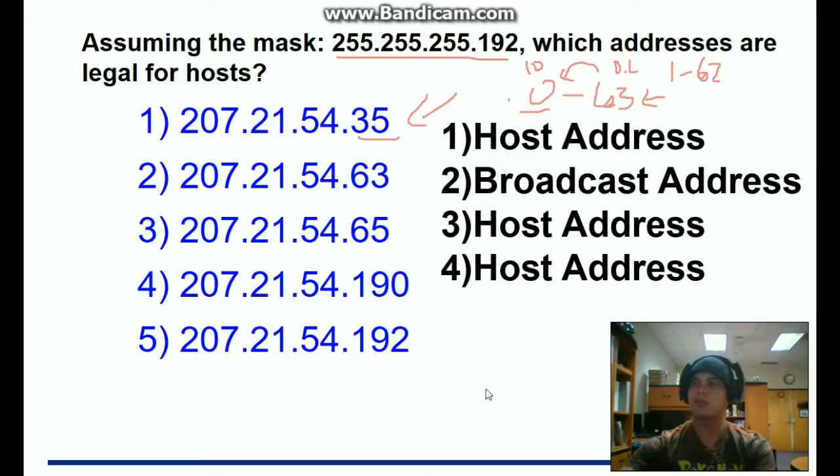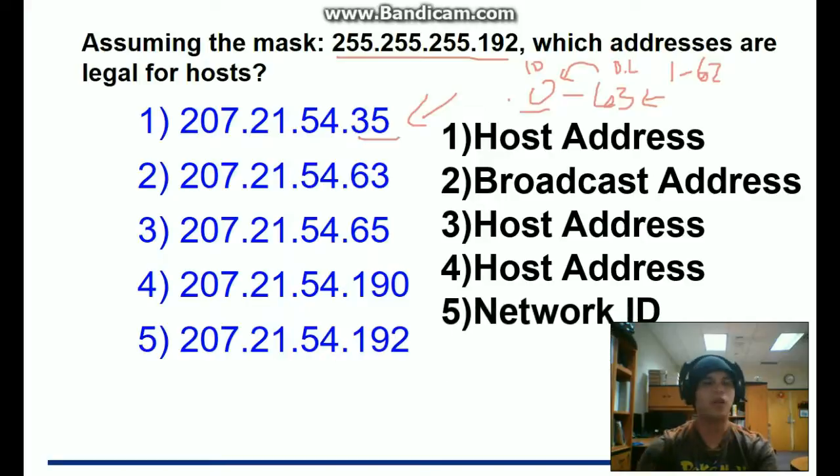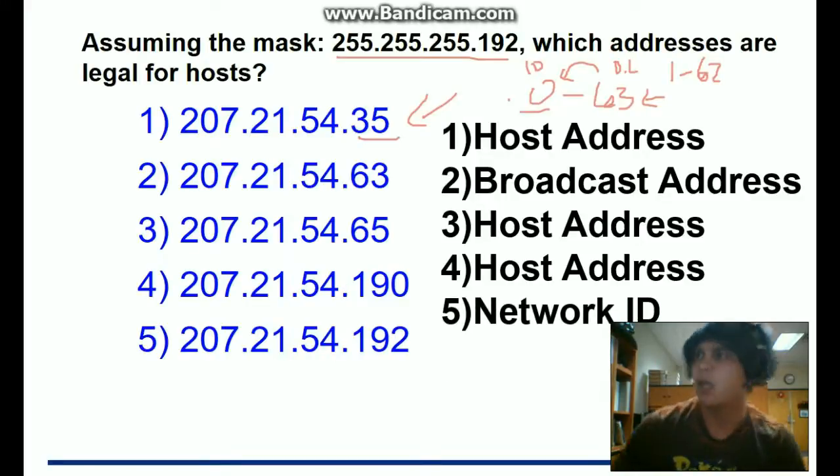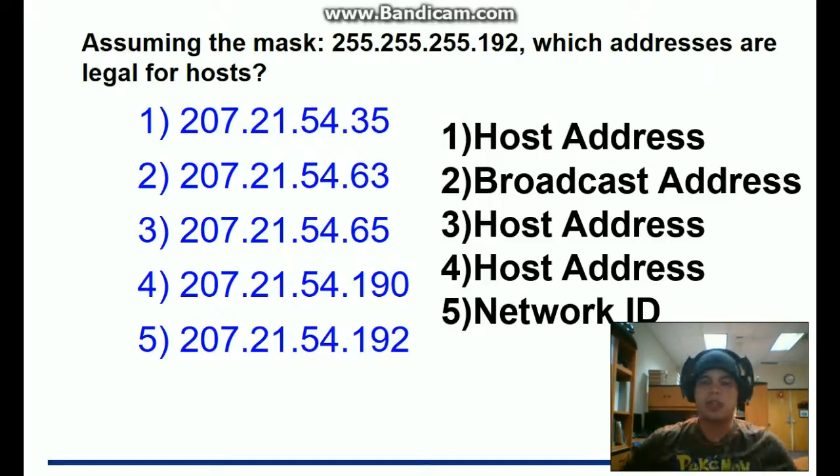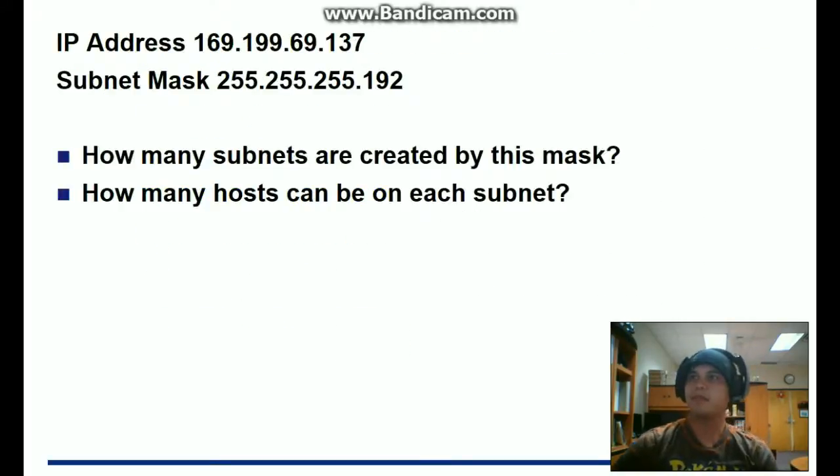So this last one, 192, is that used for available hosts? No, you cannot. So that is the network ID for that Class C address with that subnet mask. So that cannot be used. Good, good, good, good. You guys are going to be young subnetting wizards soon. Level 9000, hopefully.